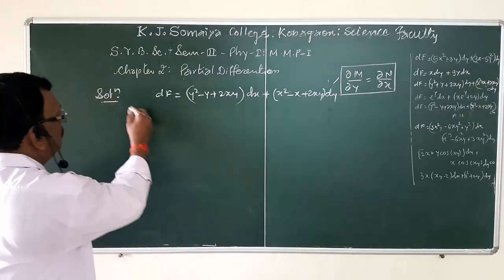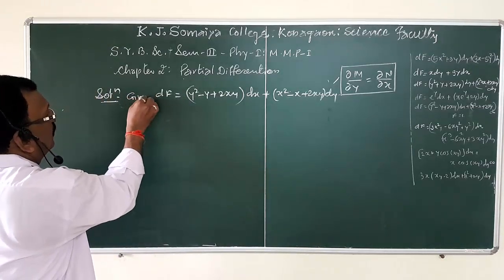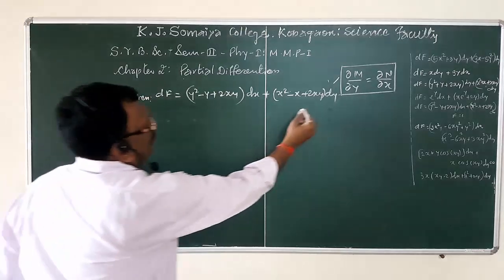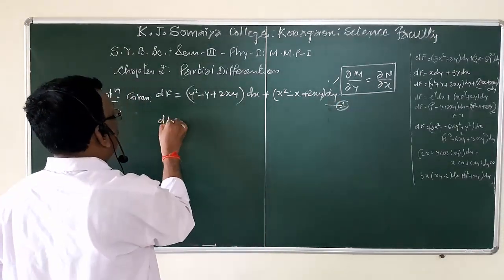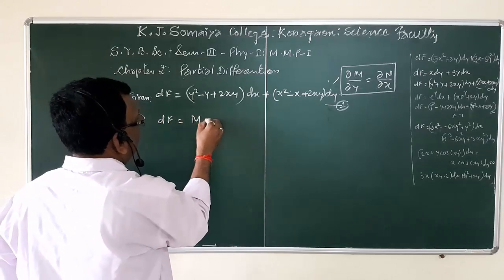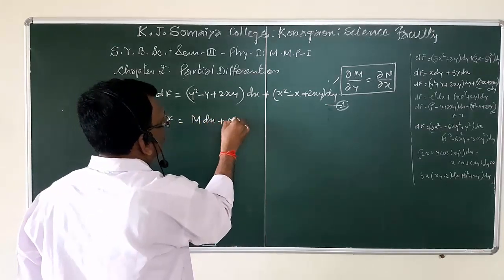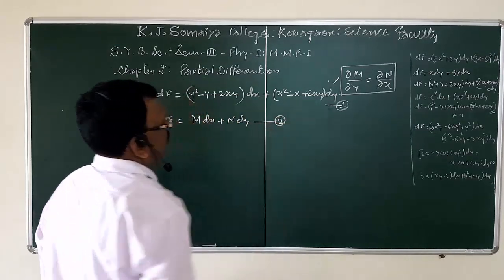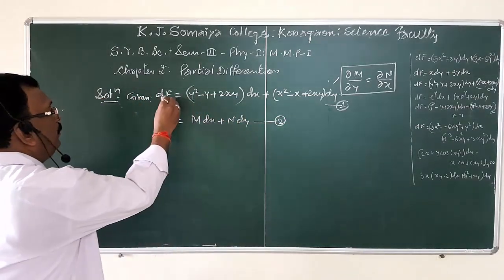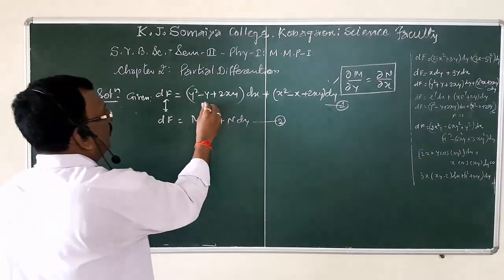So, solution. Given, give the first number to this relation. Now, we have the standard format of exact differential equation, df is equal to M dx plus N dy. Give the second number to this relation. Compare these two equations.